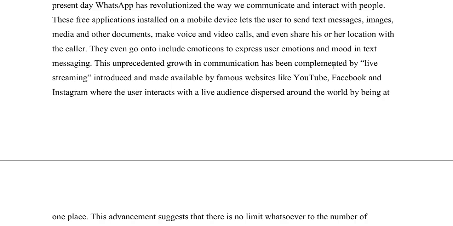Moreover, this live streaming feature has added much variety and improvement. In other words, he is saying that this live streaming feature introduced by these popular websites like YouTube, Facebook and Instagram has promoted communication massively.